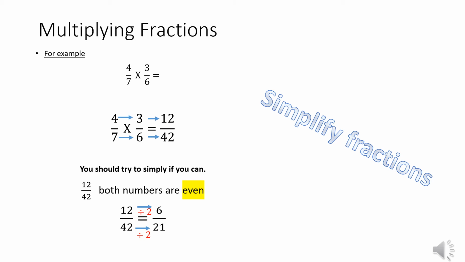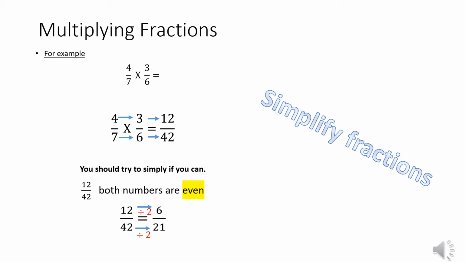12/42. But both these numbers are even. So guess what? We can try to simplify now. We can make the digits smaller, but the value will stay the same. And you should know how to do these, but let's have another look at it just in case. So we've got to look at what factor do both of these have in common.